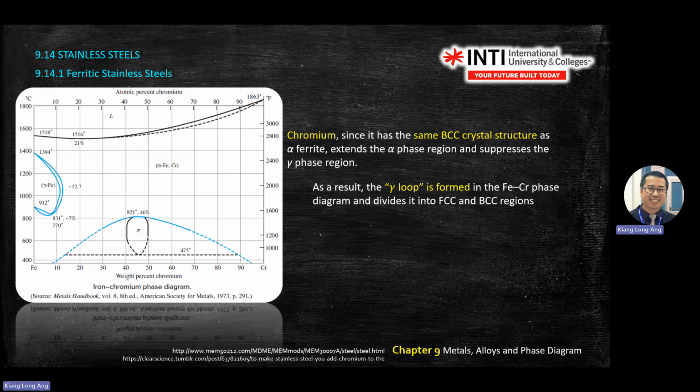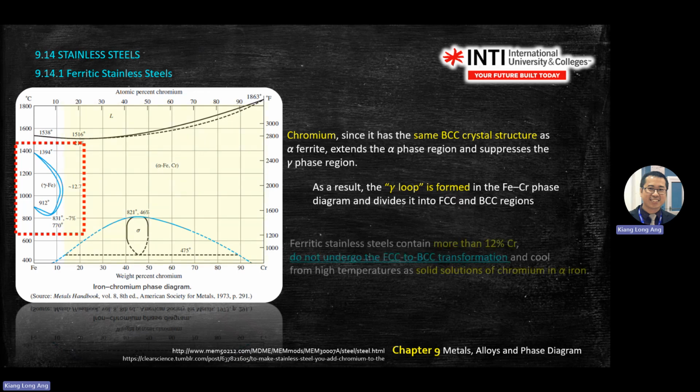There is a gamma loop here. If your chromium is more than 12%, it does not go through the FCC to BCC transformation.